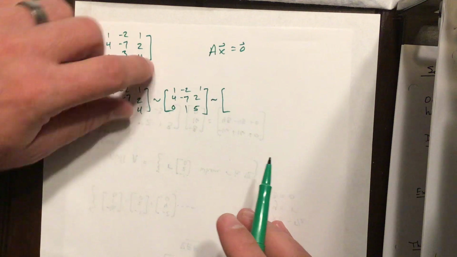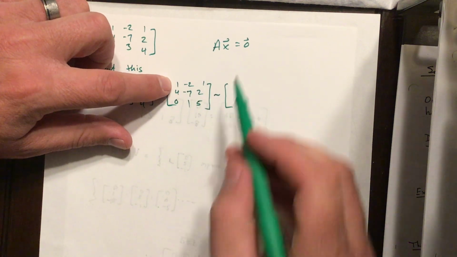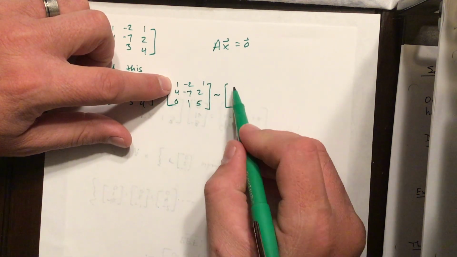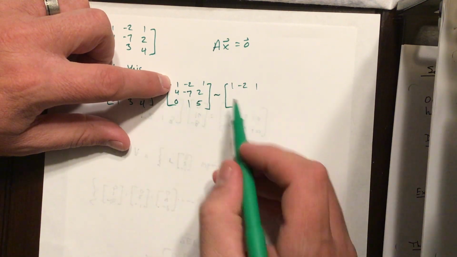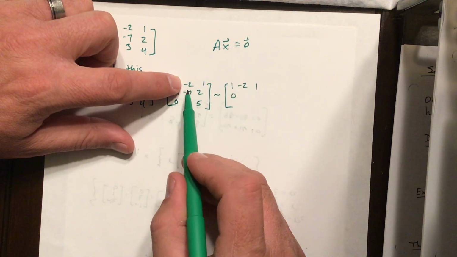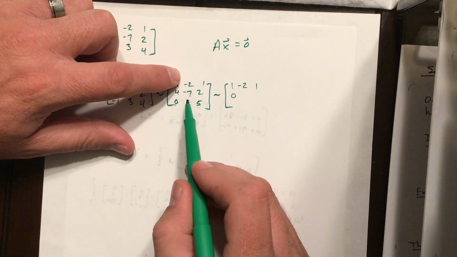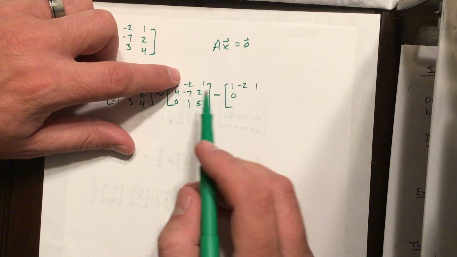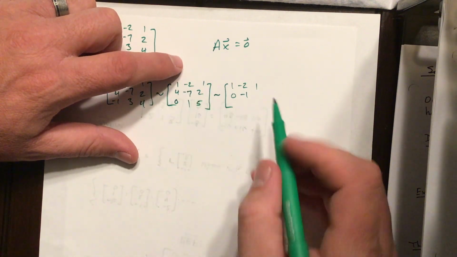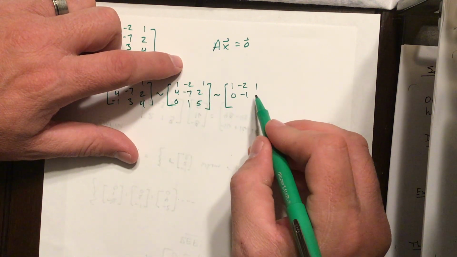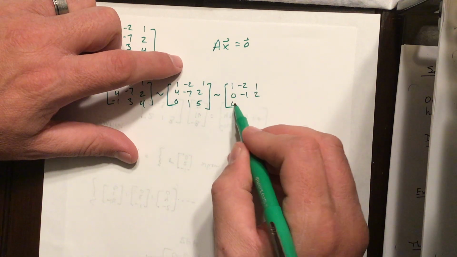And let's multiply row 1 by 4. That would be our new row 2. So 4 minus 4 is 0. -8 minus a -7, so -8 plus 7, that's -1. 4 minus 2 is 2. And that's 0, 1, 5.